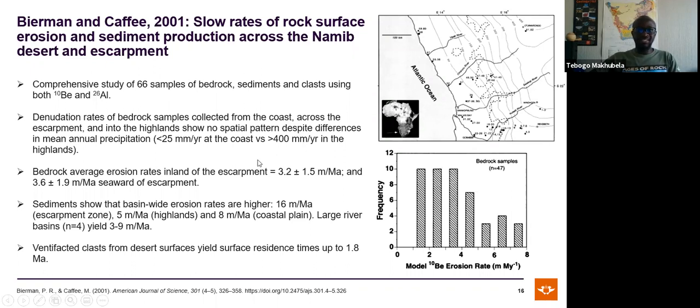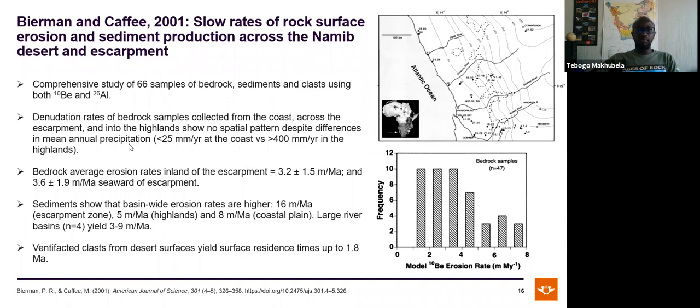And from that data set, we can see that looking at a transect of different parts in Namibia, from the coast across the escarpment into the highlands of the interior plateau, in different sections of the West, there is no spatial pattern or trends that stand out for these areas.